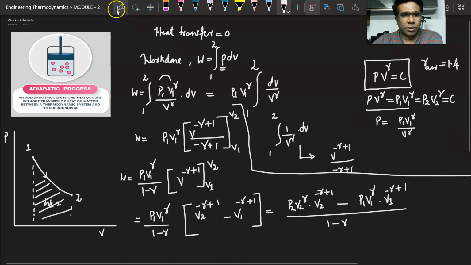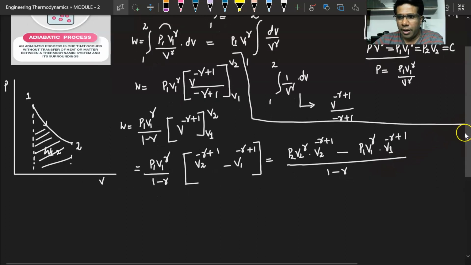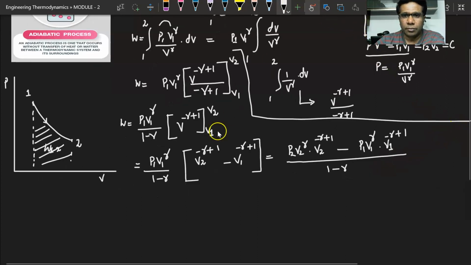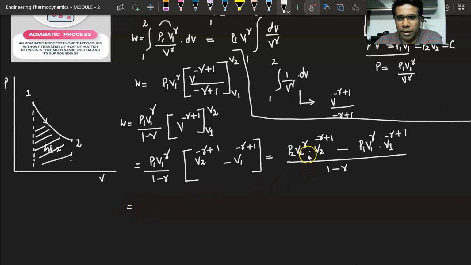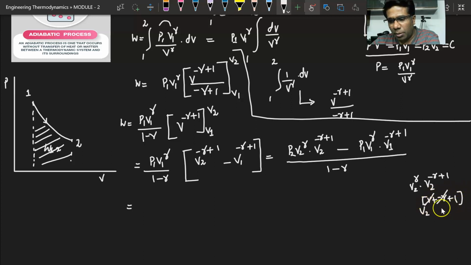Now what will happen to this? Here you can see V2 raised to gamma into V2 raised to minus gamma plus 1. This is multiplication, therefore it is gamma plus minus gamma plus 1, so gamma and gamma will get cancelled, and it will be just V2.